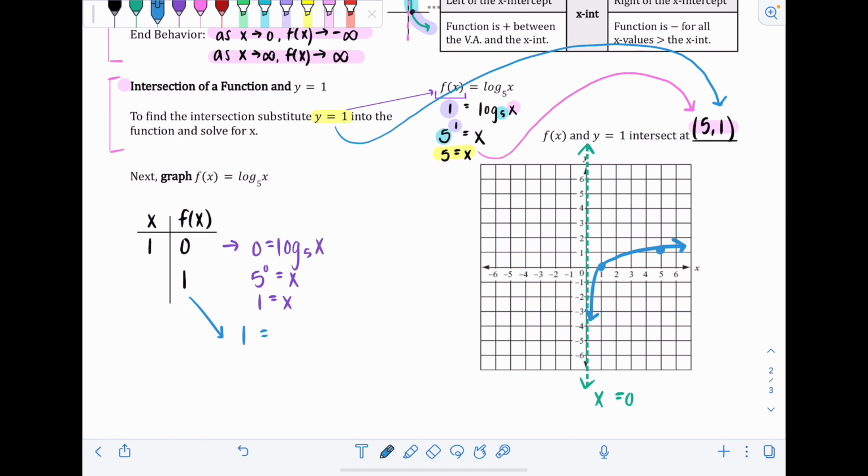I would put 1 in for f of x. So it would be 1 equals log base 5 of x, and then I could rewrite it in exponential form as well. So it'd be 5 to the 1 equals x, and then 5 to the first power is just 5, so x equals 5, so I could put a 5 right here. Okay, so that could be a quicker way in the future to find the 2 points that you need from your graph and then just finish it with end behavior.